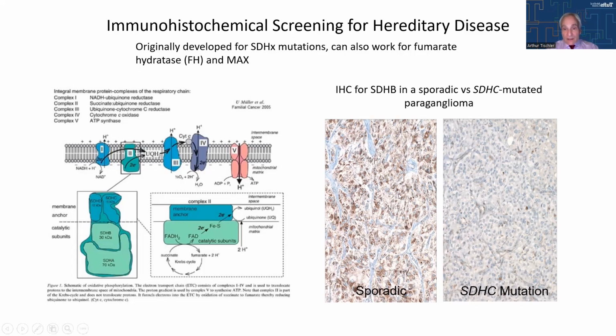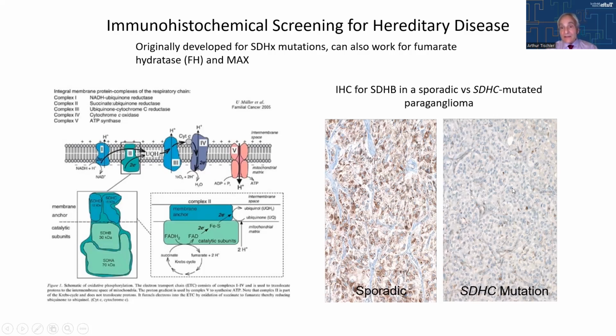So this is an example of a retained or wild type SDHB stain in a paraganglioma. The stain shows up as dark cytoplasmic granules that must be granular and at least as dark as the staining in endothelial cells, which serve as an obligate internal control.